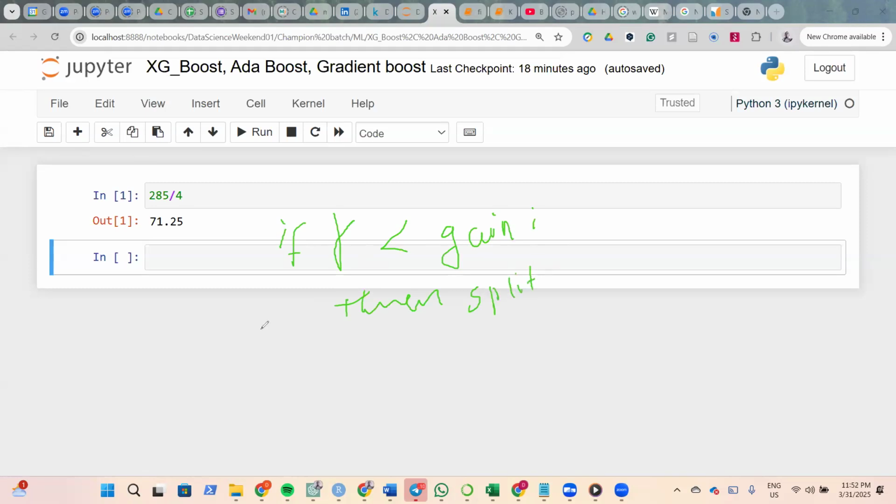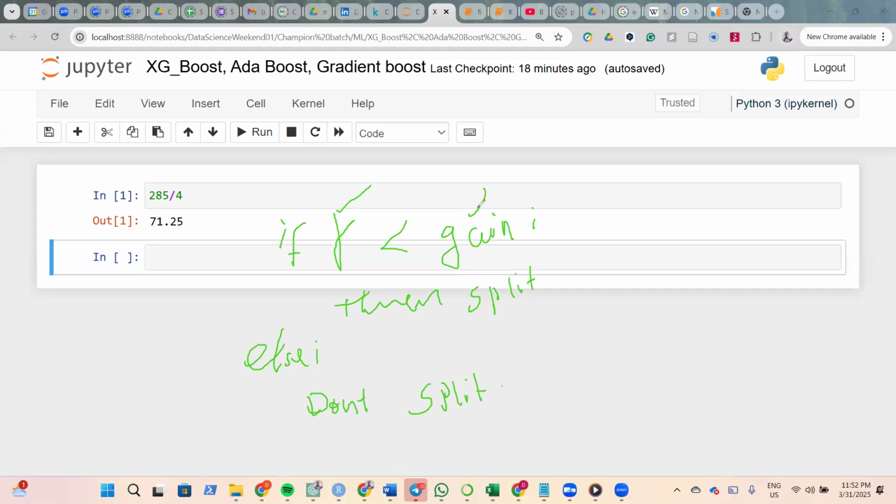Else, don't split. This is the condition. How does it know when to continue splitting to handle overfitting or when to stop splitting? If gamma is less than gain, then split. Else, don't split. Now the question is, what is gamma and what is gain?